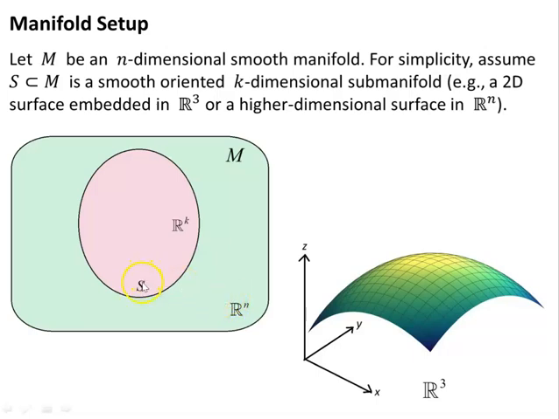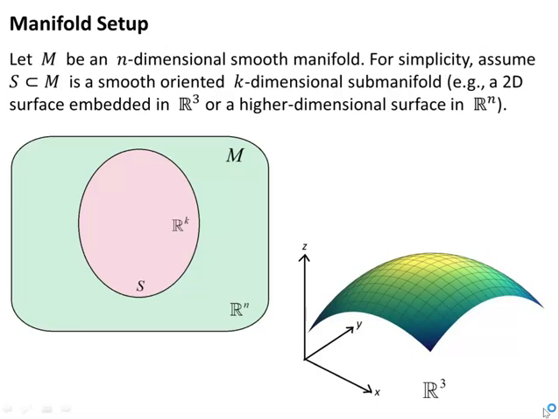So we have our surface S here, and it is a submanifold of M. M is an n-dimensional smooth manifold, and S is a smooth oriented k-dimensional submanifold. The question will come up later in this video about why k is equal to or less than n, and so on.